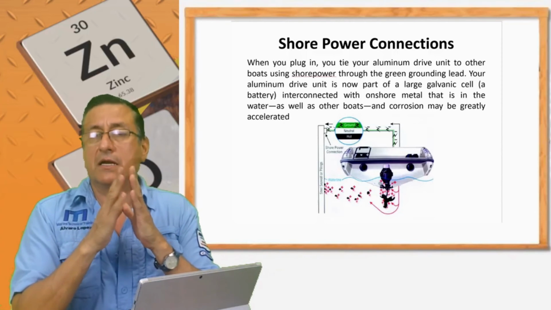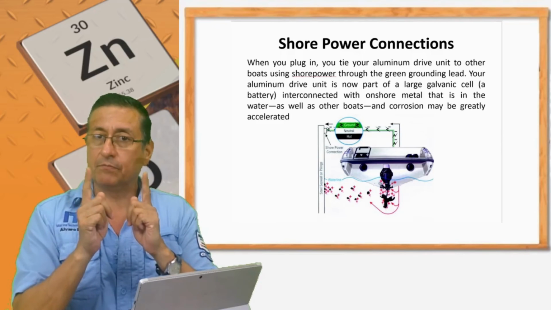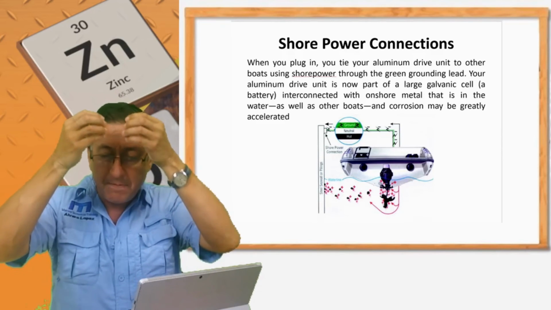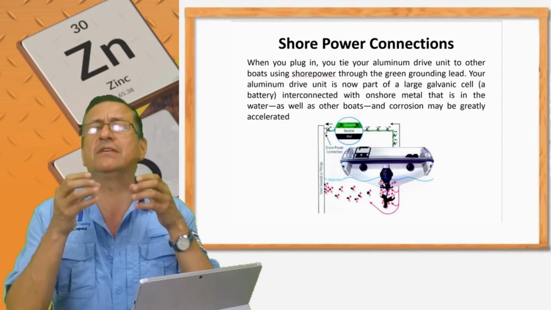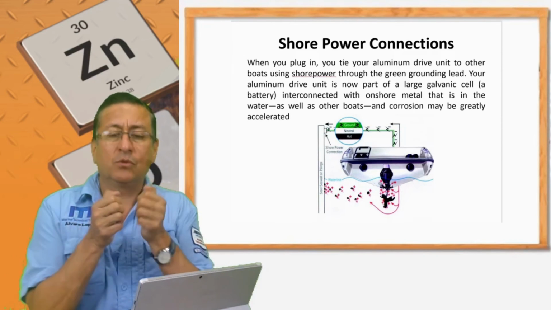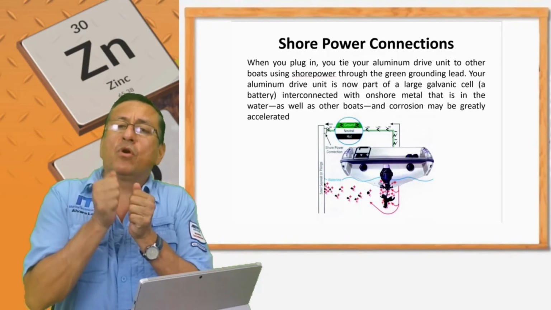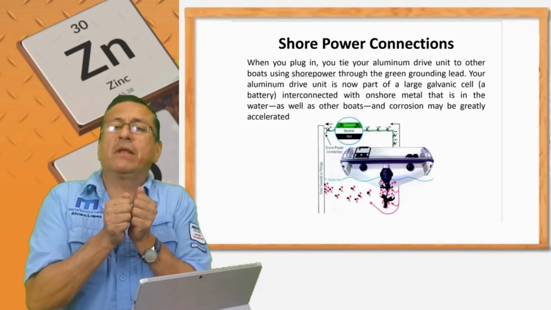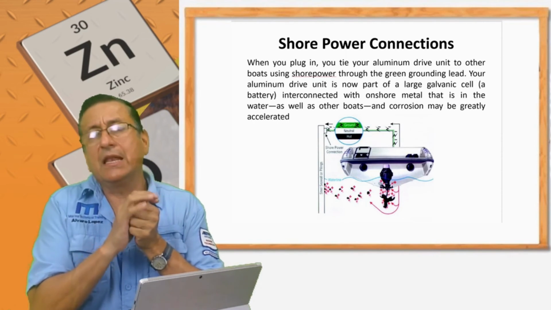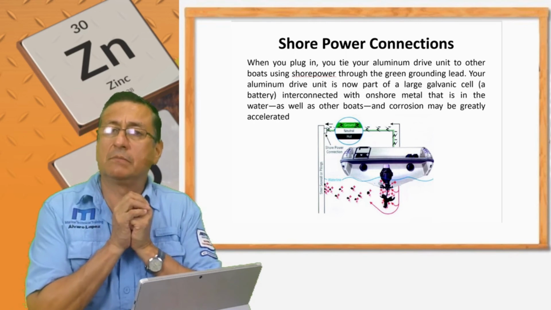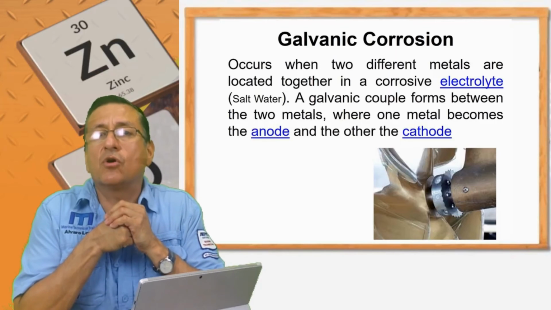But right now it's clear that each metal has its own level of energy. Each metal has its own electronegativity. If I have two dissimilar metals together in contact one with the other, the element with more electronegativity attacks the element with less electronegativity. And at the end of the day, the less noble metal will be eroded. The name of that type of corrosion is galvanic corrosion.